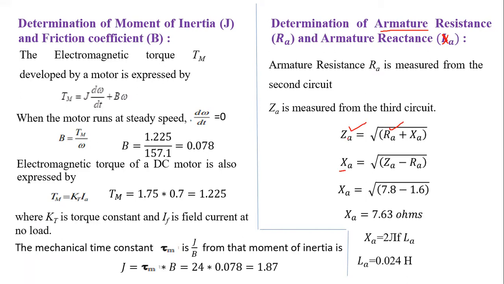That means ZA is equal to the root of RA square plus XA square, where ZA is the armature impedance, RA is the armature resistance, and XA is the armature reactance. We know ZA and RA, previously calculated.